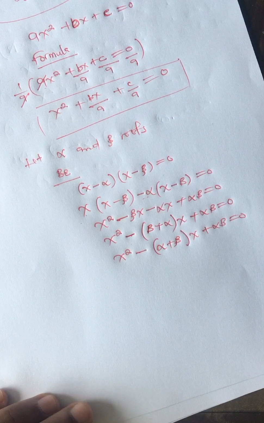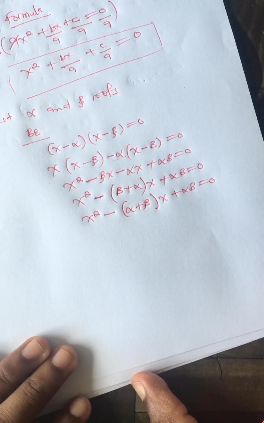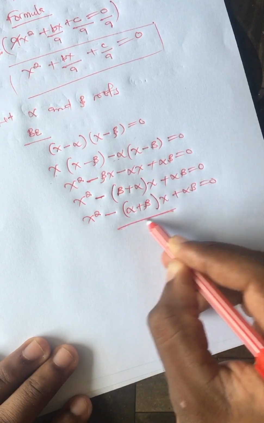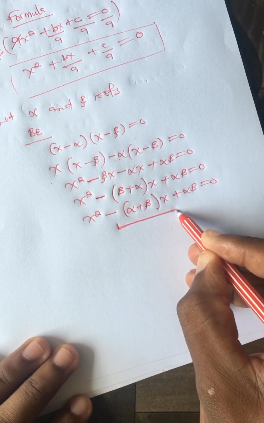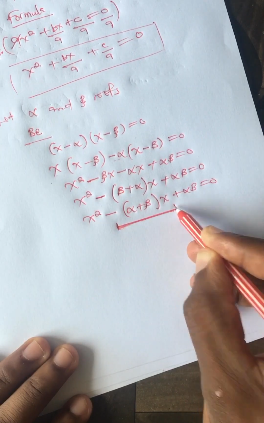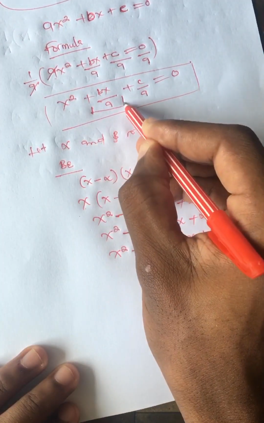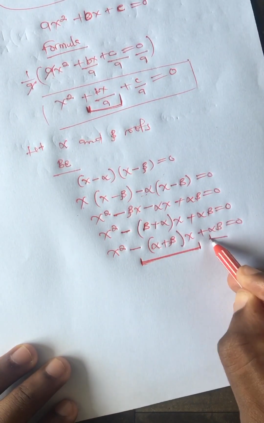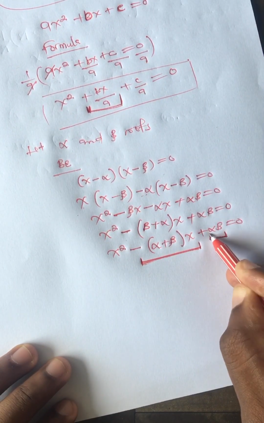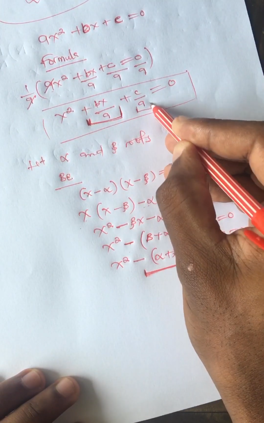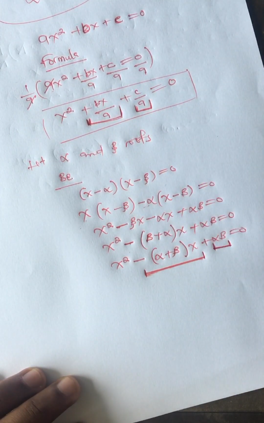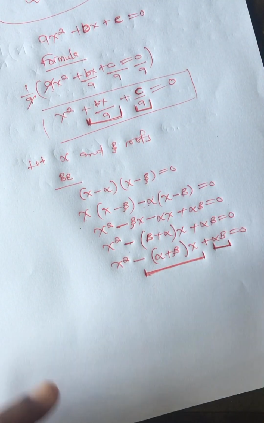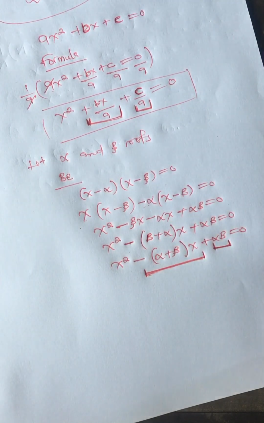Okay. Then from here we can now equate the sum of these roots to the corresponding term from our general quadratic, and the product of the roots to the corresponding term from the general quadratic.